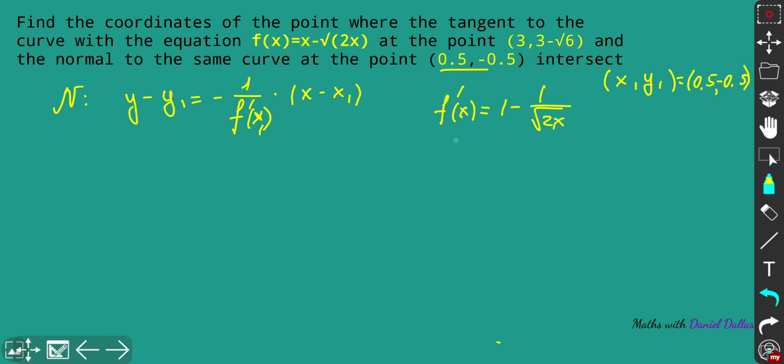Let's first plug the coordinate x equals 0.5 in, and calculate the derivative f prime at the given x coordinate. It's going to be 1 minus 1 over square root of 2 times 1 over 2. That's going to be 1. So just plug in, and by subtraction you'll get 0.